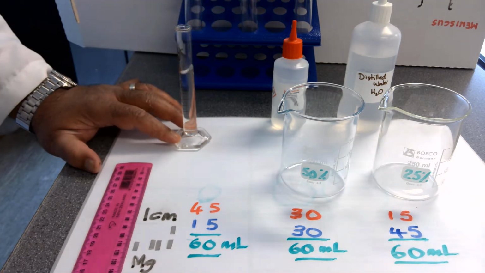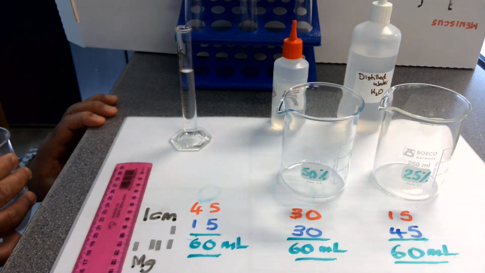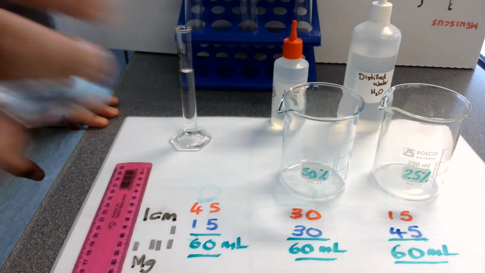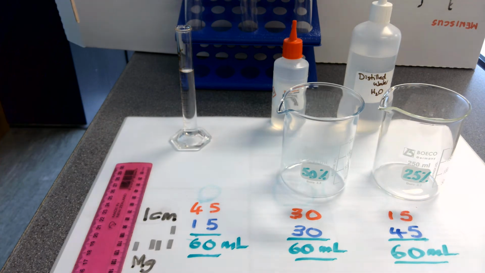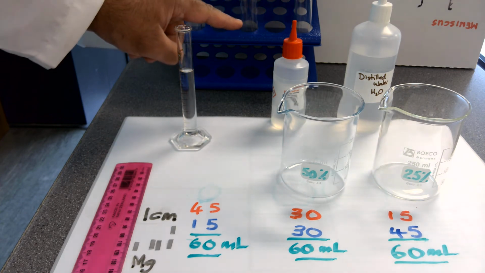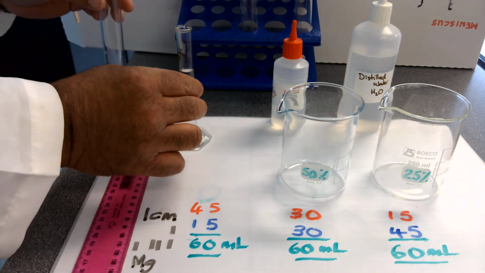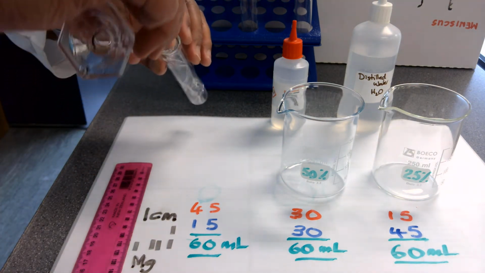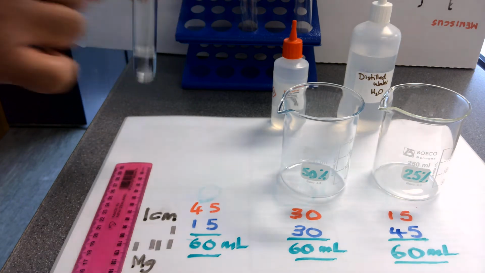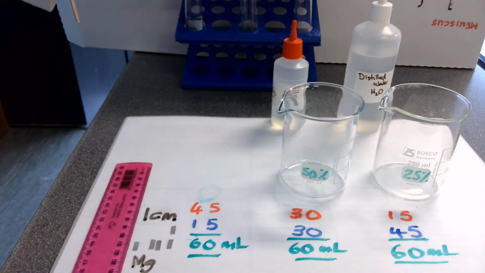Again, making sure that I get down to eye level in order to double check the meniscus is at 10 mils. I do this 3 times and fill up the 3 new boiling tubes. So here I am transferring the first 10 millilitres of 75% concentration into the first test tube.